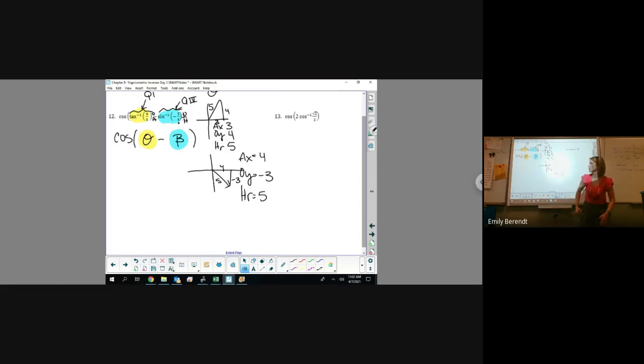So now we've got cosine of theta minus beta. Cosine of theta minus beta. Cosine of theta minus... Cosetta! She's back again. Cosetta's back. Tell a friend. Cosetta's back.